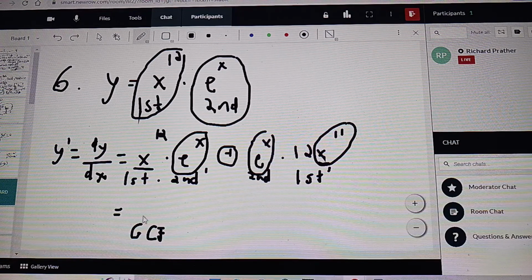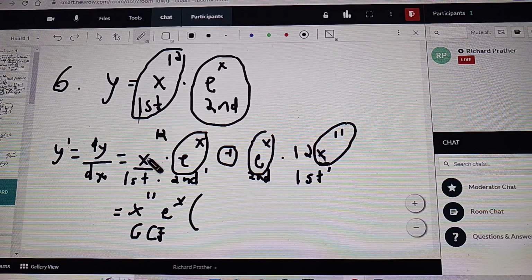So I need an x to the 11th times an e to the x for the GCF. Then there would be one more x here. There were 12 x's here. I took 11 of them out, so there's one left. I already took the e to the x, then the plus. I took the e to the x and I took the x to the 11, but I didn't take the 12 yet, so plus 12.